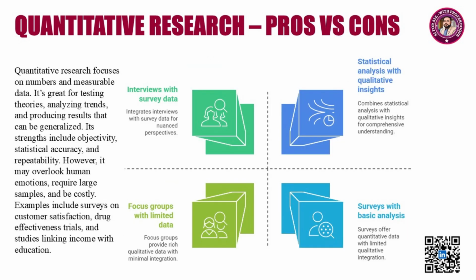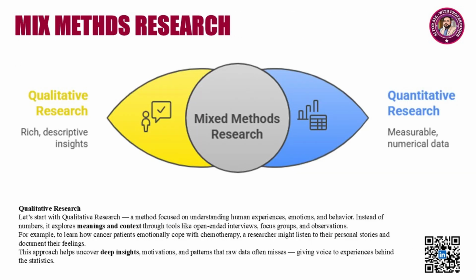Mixed methods research. Finally, we have mixed methods research, a powerful blend of both qualitative and quantitative techniques. It's used when one approach alone doesn't provide a complete answer. This method helps researchers collect rich, detailed data alongside measurable results.